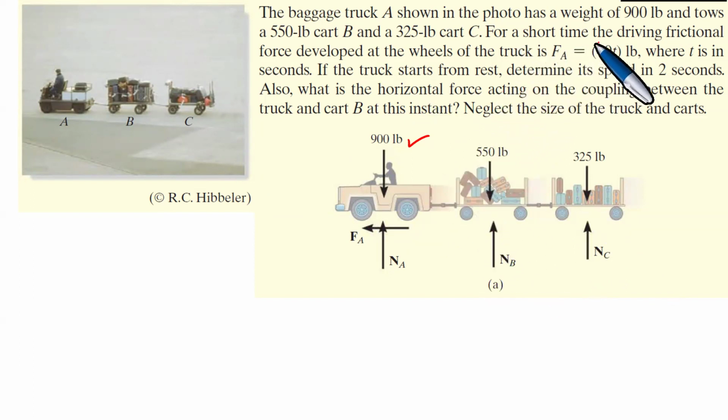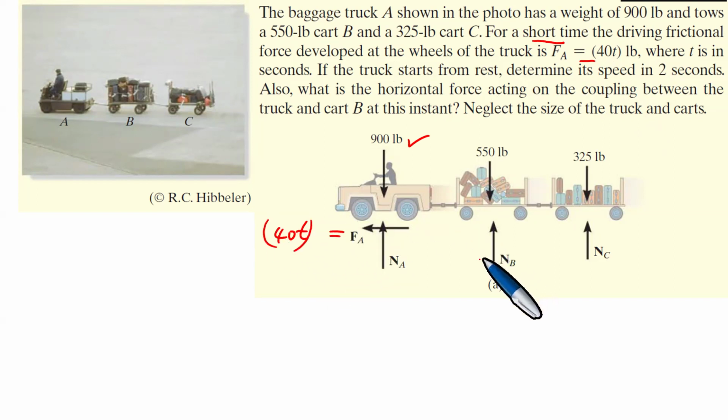Okay, right, for a short time, the driving friction force developed at the wheels of the truck is FA equals 40T. We know the friction force, and you can just write it here, Mr. Examiner, it is 40T.